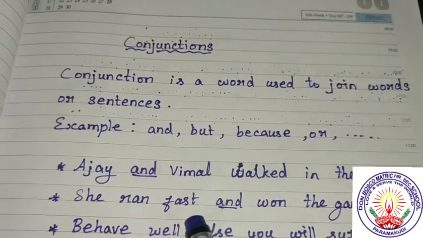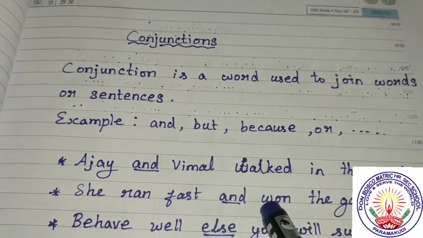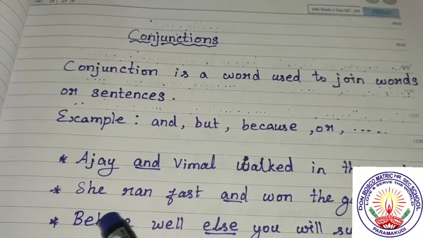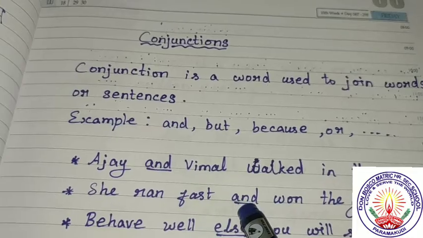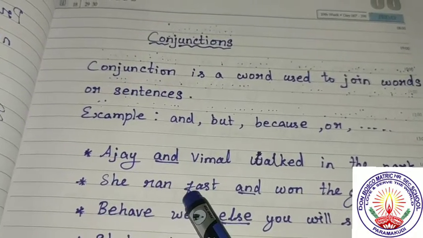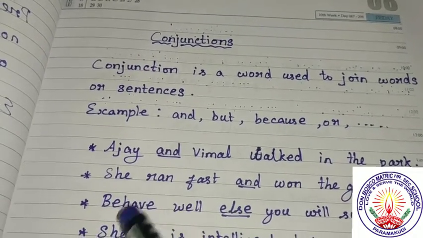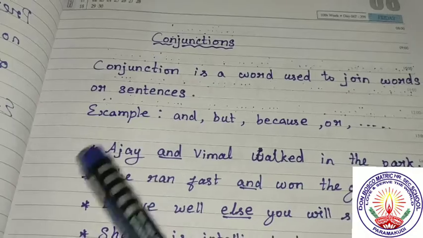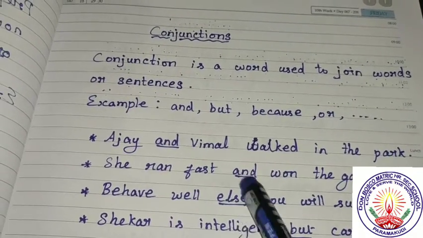She ran fast and won the game. Here two sentences are joined by the conjunction and: she ran fast and she won the game. Behave well, else you will suffer. Here else means or.